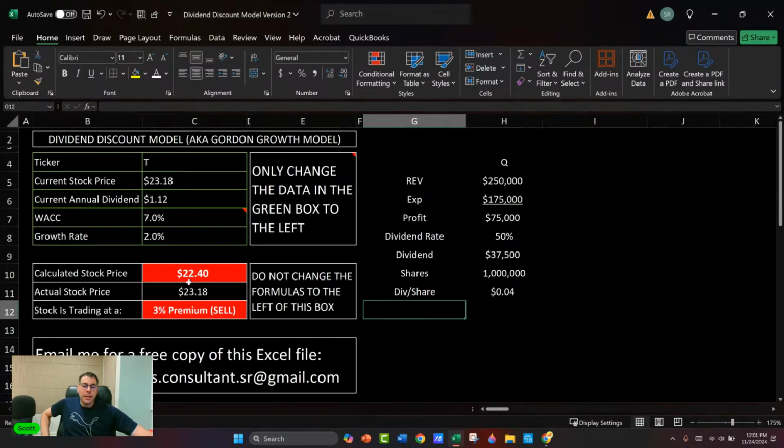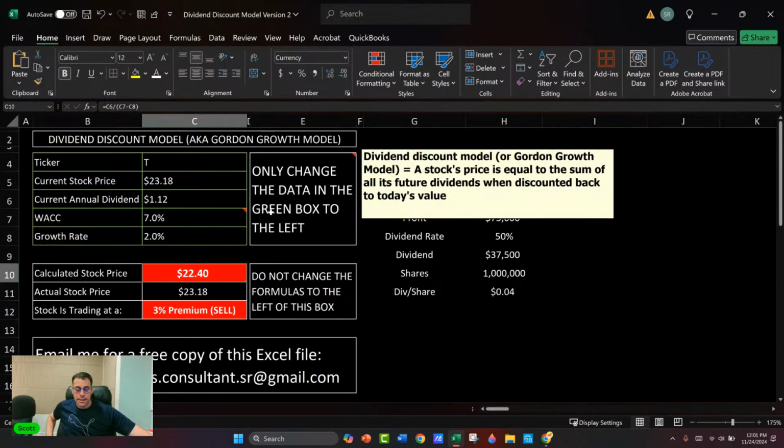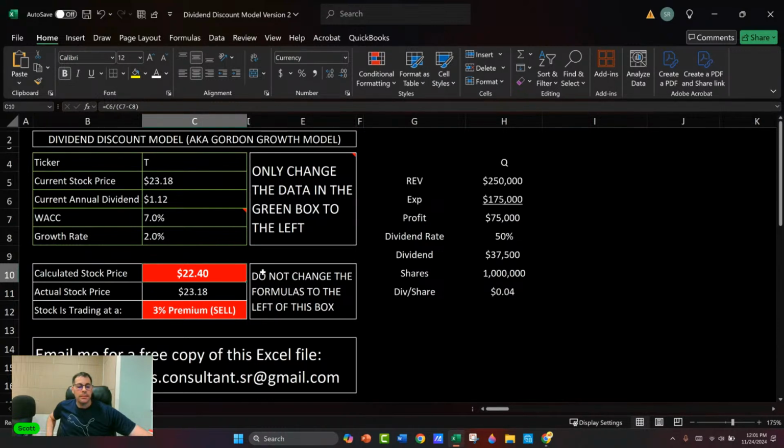So that's one of the setbacks with this type of model: it assumes everything goes back to dividends, which usually isn't the case. I guess for a REIT, this might work well, because a REIT pays 90% of its profits as dividends, which is a majority of their profits.